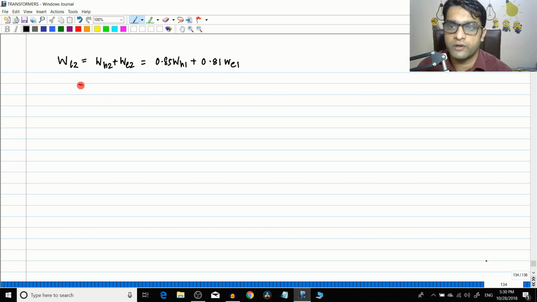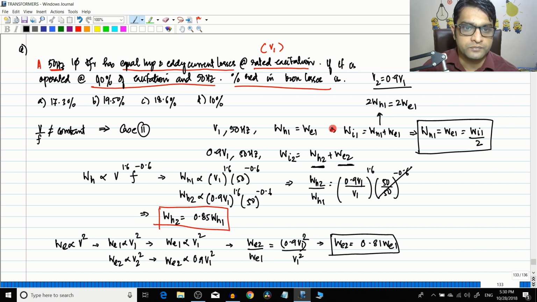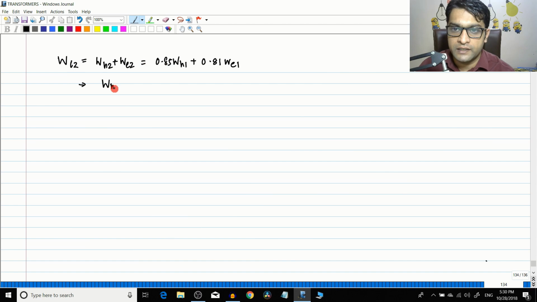This also we have found out. Now we know from the first information which is given that WH1 is equal to WE1. WH2 is not equal to WE2, that is not given. So WH1 is equal to WE1, that is given in the problem.